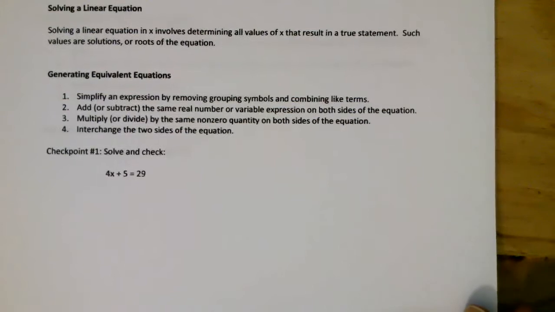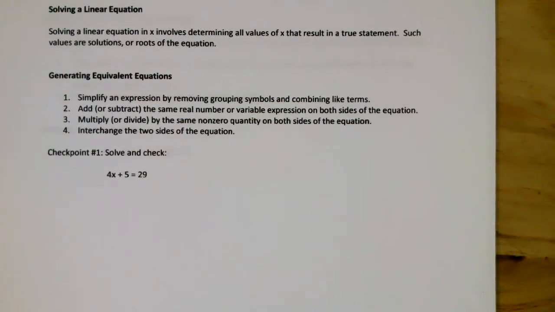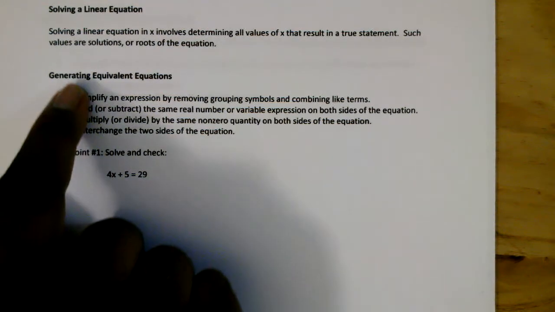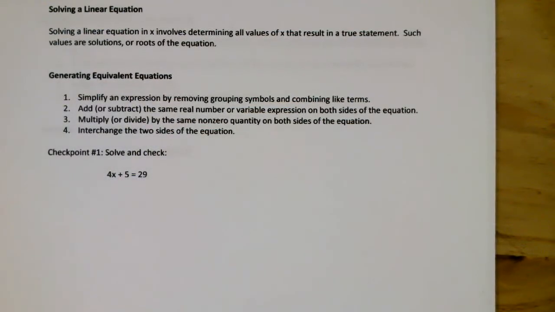When we solve a linear equation involving x, we're going to determine all the values of x that result in a true statement. Such values are solutions, or sometimes called roots, of the equation. Here is the procedure for generating equivalent equations. Number one, simplify an expression by removing grouping symbols and combining like terms.